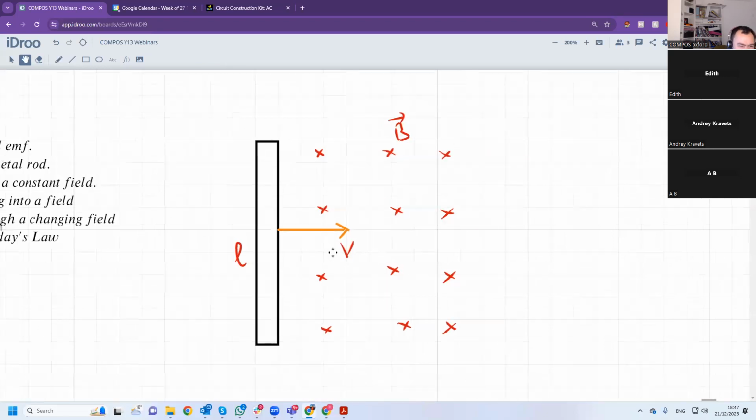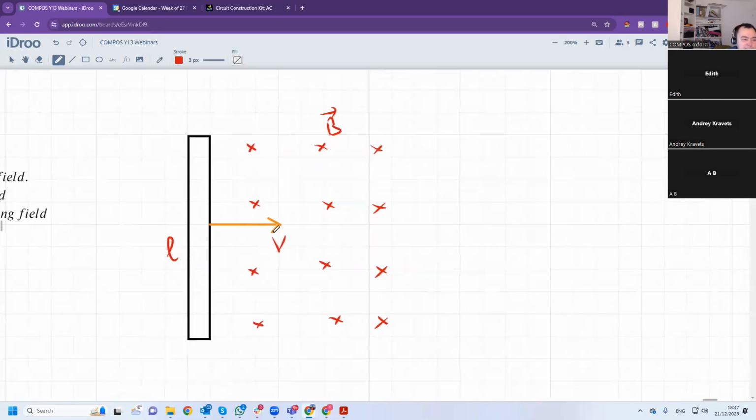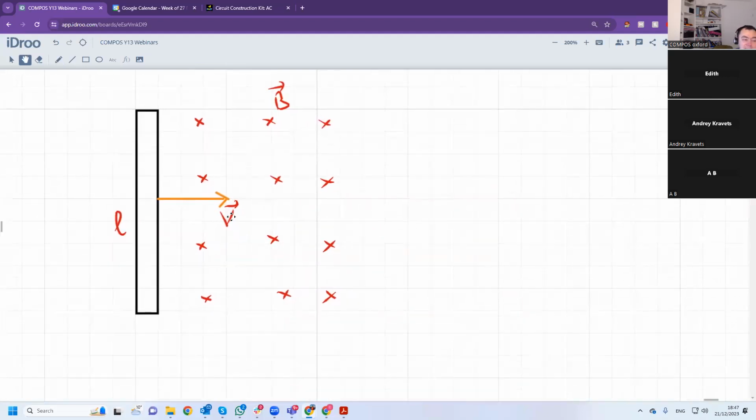Of course, it's a vector. Velocity is also a vector. If it's a metal rod, inside it has free electrons. So let's look at a single electron.